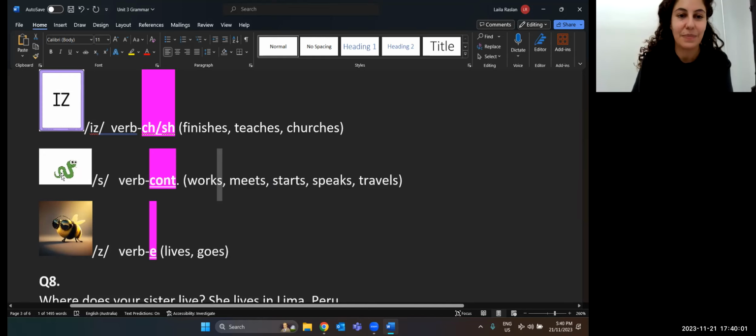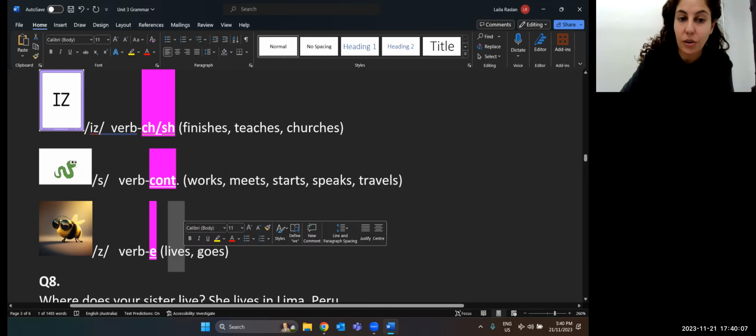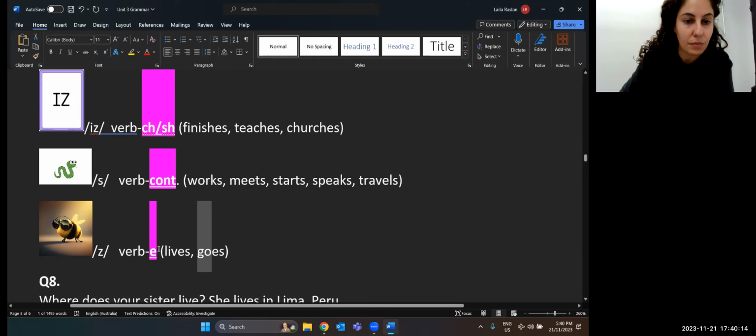Now, if the action ends in an E, like live or go, go is actually not a good example. Any action word that ends in an E, you add an S, but the S sounds like a Z. So it's lives.